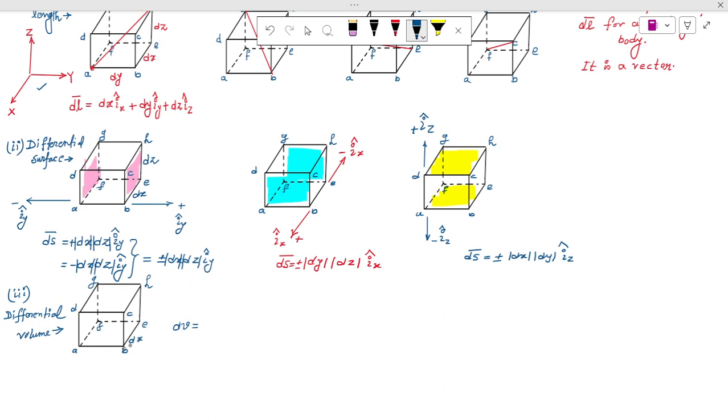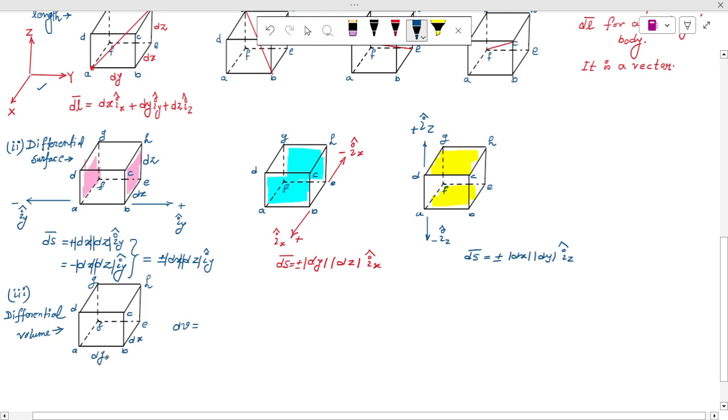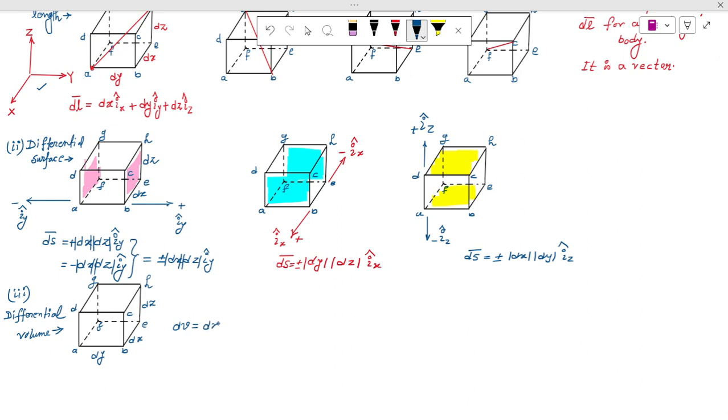This is dx, this is dy, this is dz. You just multiply normal product, and the formula is dx dy dz. It is obviously a scalar quantity.